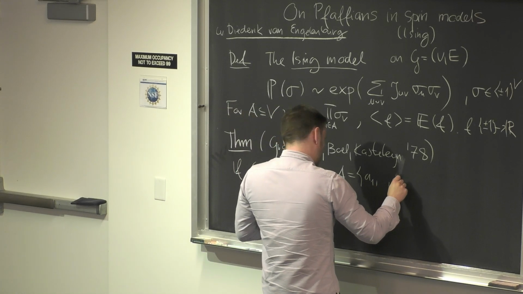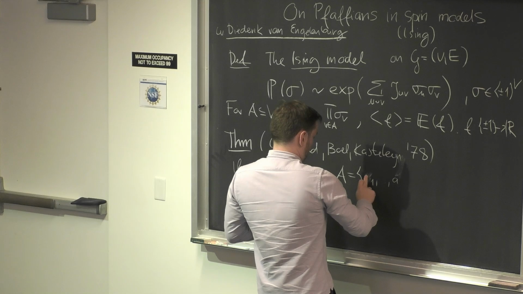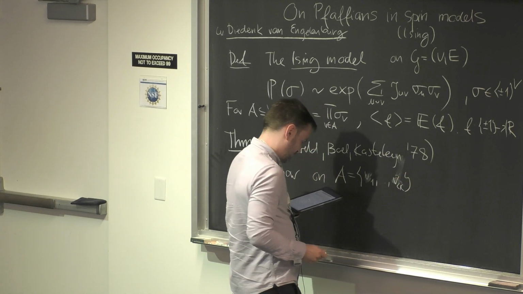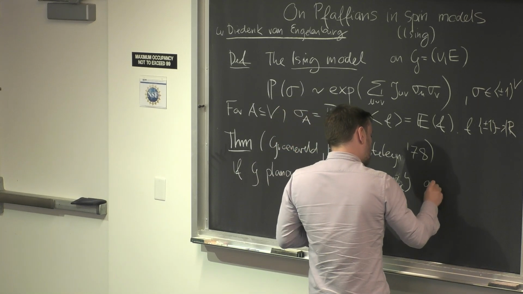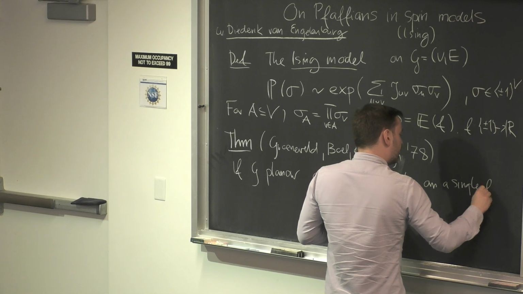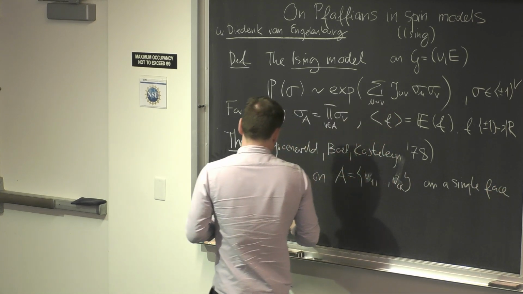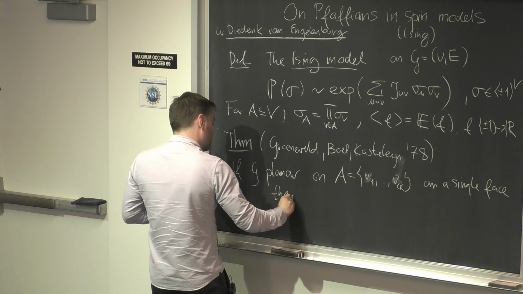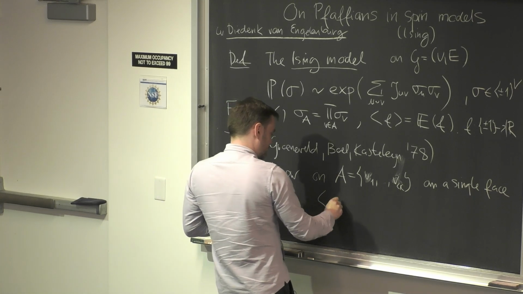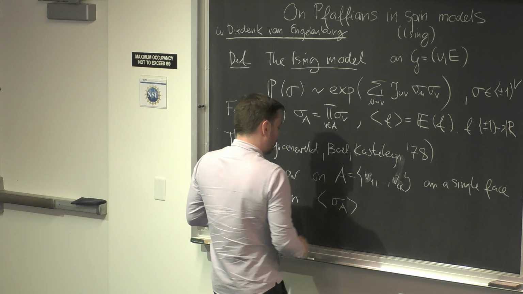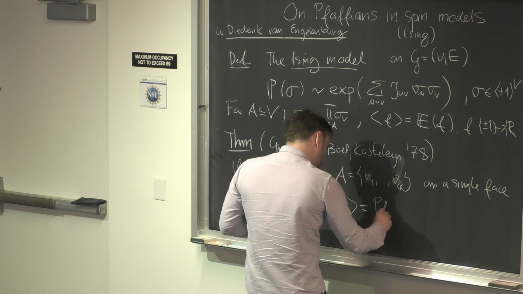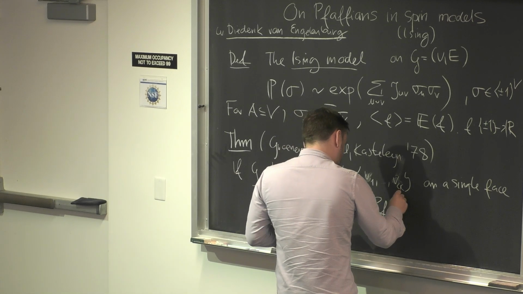So if I have, say, V1 up to V2K on a single face, then something special happens: the 2K point function, which is the expected value of sigma A, is just the Pfaffian of the 2-point functions.